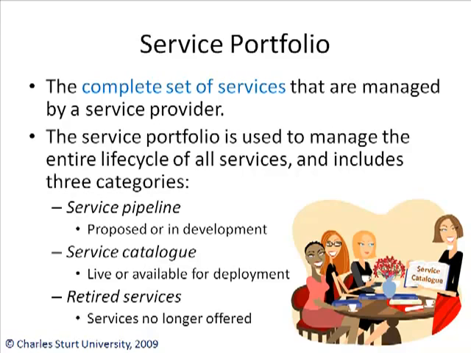Services sitting in the pipeline, so they are the services that are either proposed or already in development. Services as part of the service catalog, and they are the live services, all those services readily available for deployment. And we've also got the retired services, the services that are no longer actively offered to the customers. So the service portfolio has three key parts: the service pipeline, the service catalog, and retired services.